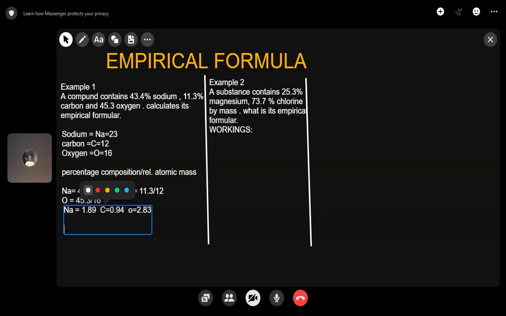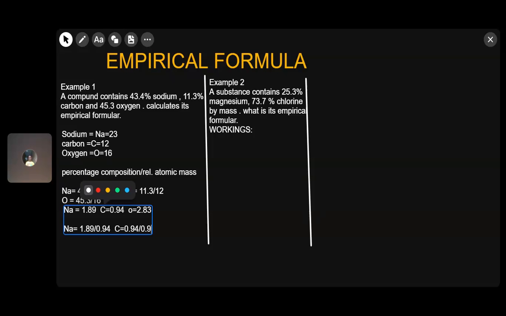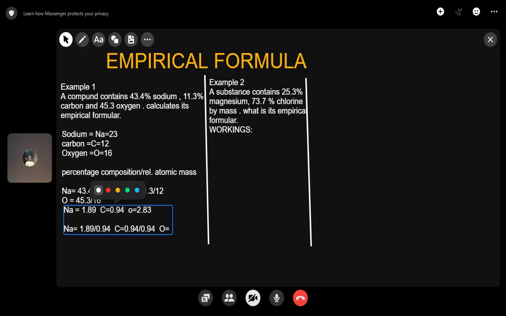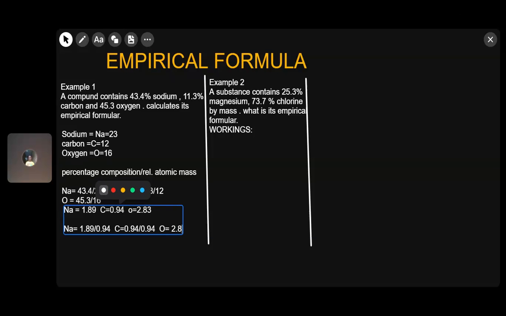So Na equals 1.89 over 0.94, carbon equals 0.94 over 0.94, and oxygen equals 2.83 over 0.94.